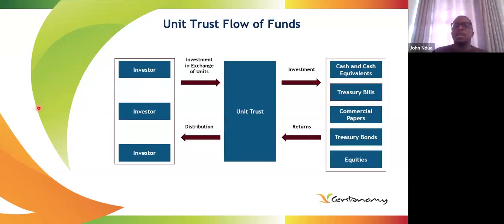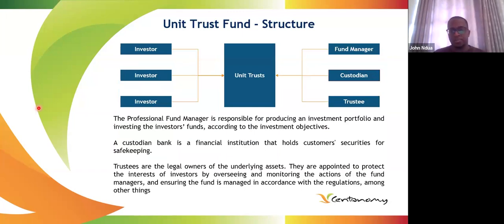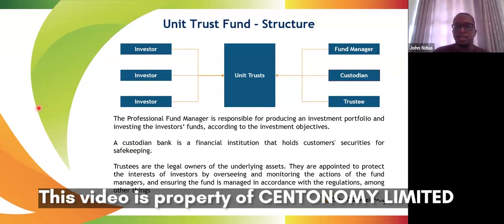Now, in terms of responsibilities, the fund manager is supposed to send you statements every single month. Number two, the fund manager is supposed to publish the performance of the unit trust every single day in the newspaper, except for holidays and weekends.